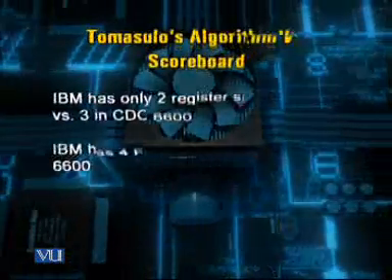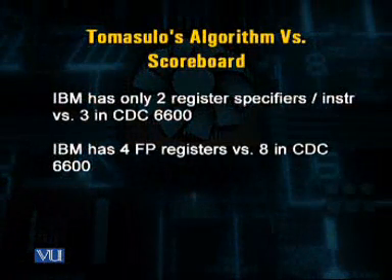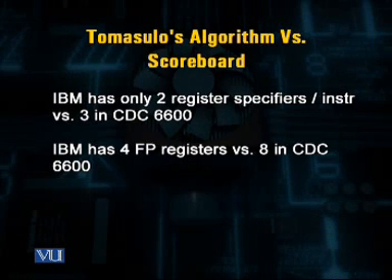In the IBM instruction set architecture, 2 register specifiers per instruction were used, whereas in CDC 6600, 3 register specifiers per instruction were used. Furthermore, in IBM, 4 floating point registers were used, contrary to the 8 floating point registers which were used in CDC 6600.